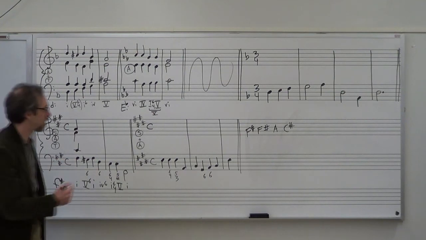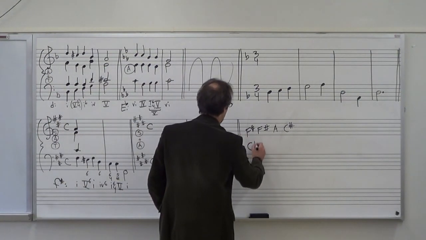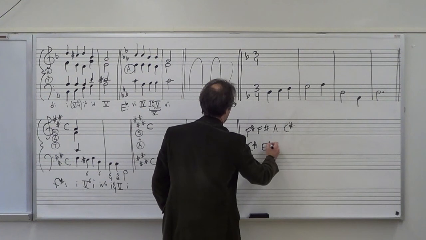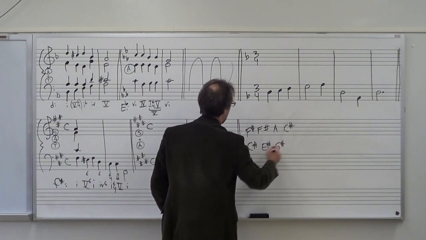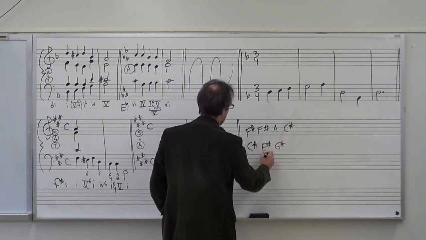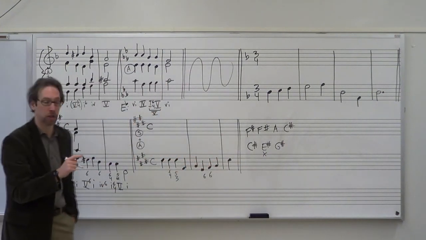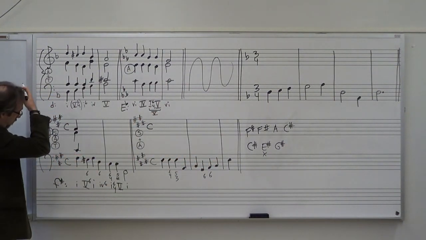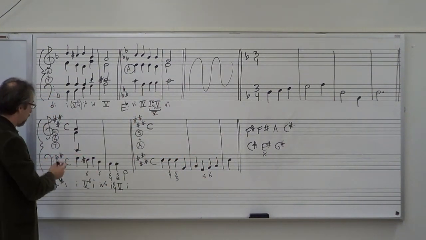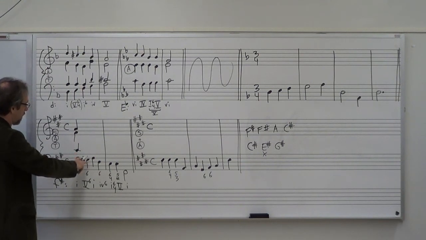So I then get to a 5/6 chord. The notes in the 5 chord are my C sharp, E sharp, G sharp. I know that I can double anything except this one. I'm not going to double the E sharp. Now, the bass went down.